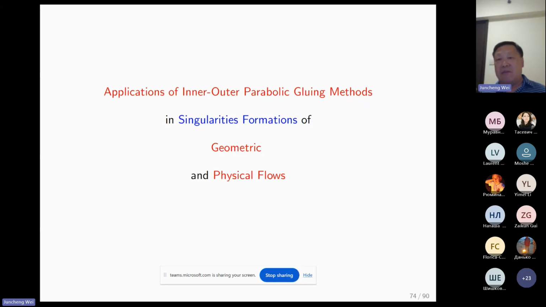So you have a priori estimates method, and you have this 3-step method for dimension 4 or dimension 3. For dimension 2, you have this distorted Fourier transform method.